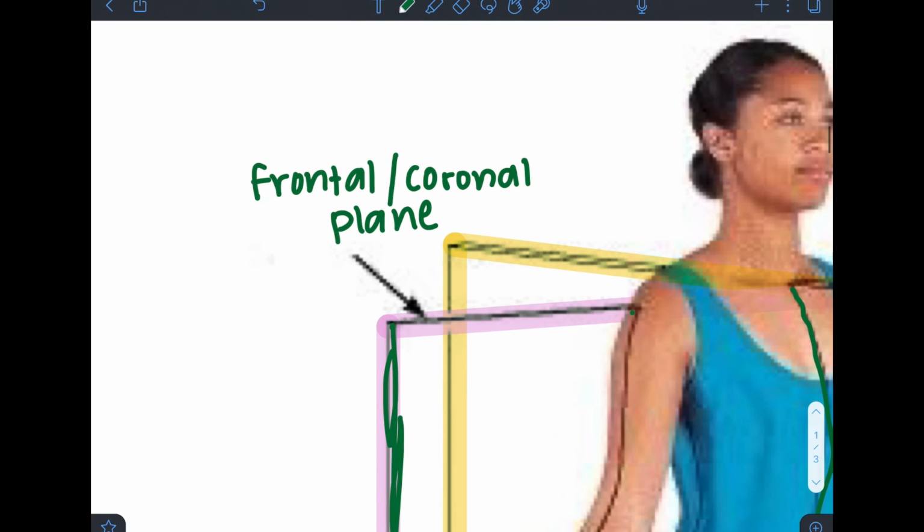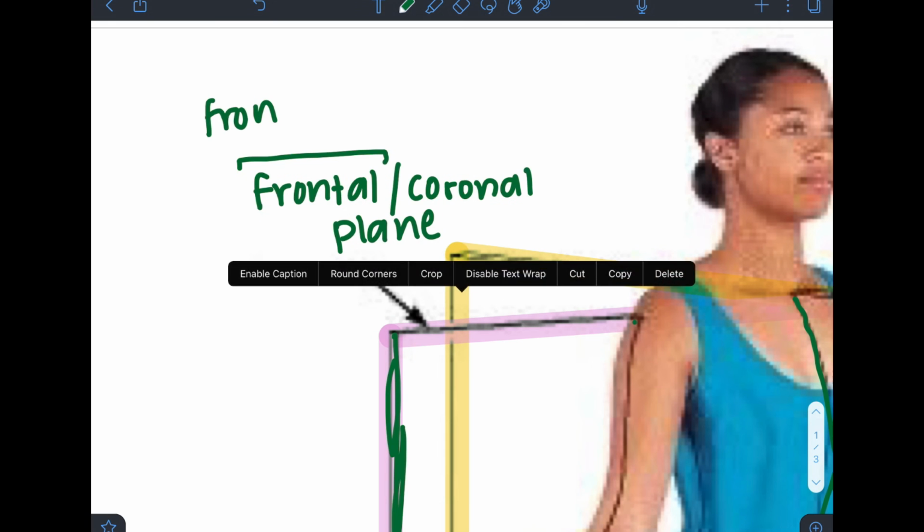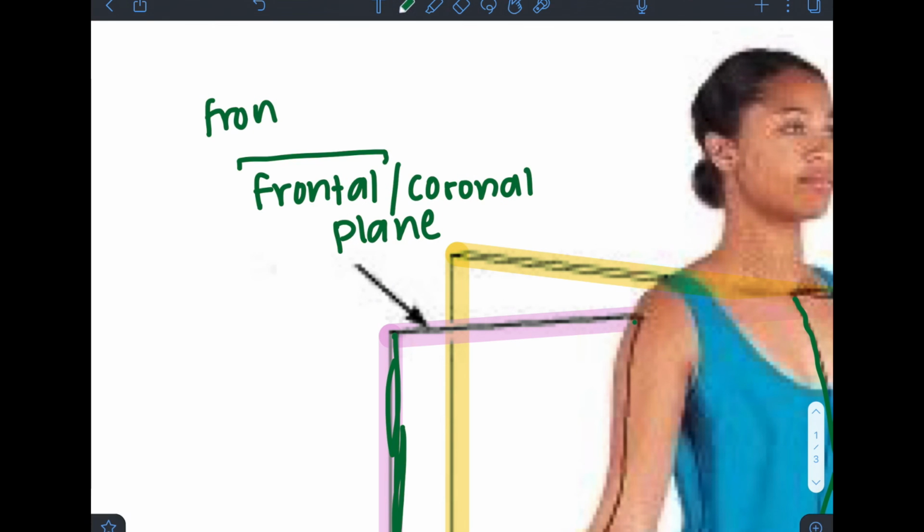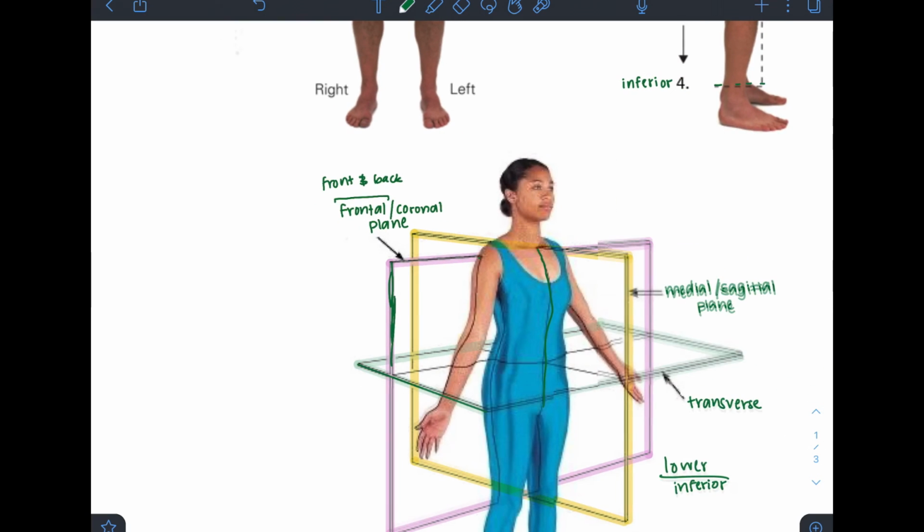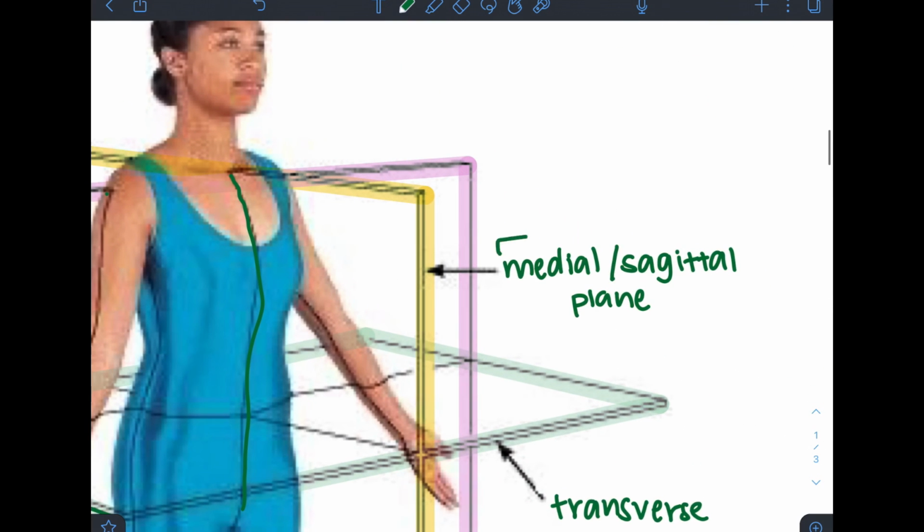Frontal is pretty easy to memorize. It divides us into the front and back parts of our body. Medial is on the midline, so this means right and left.